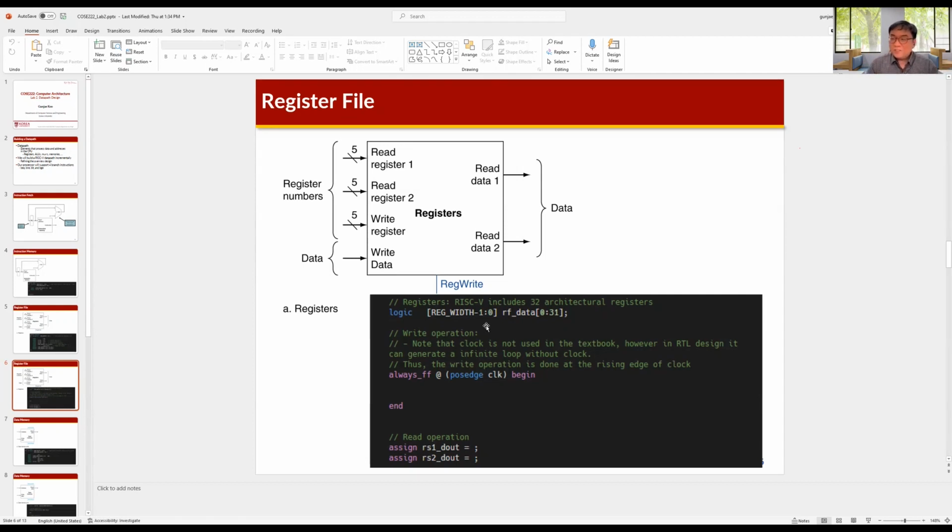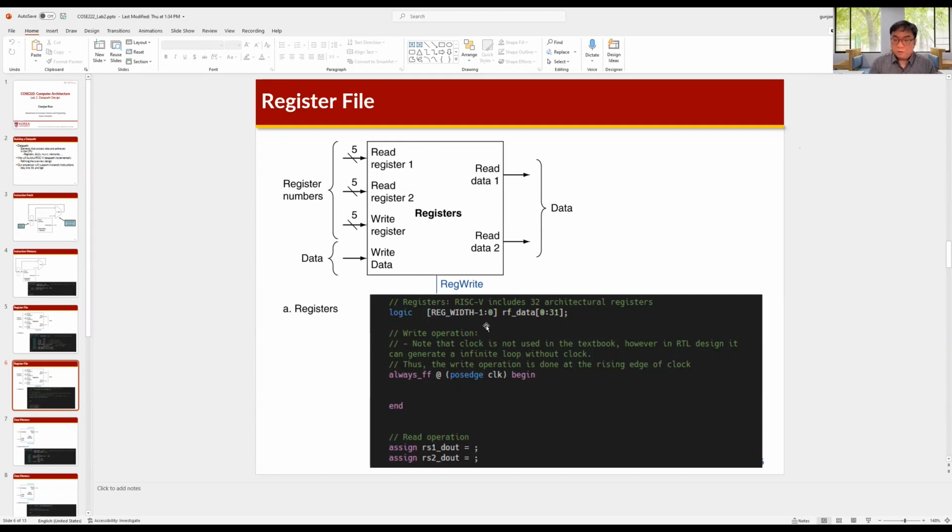But if you read the lab assignment document, you can find why our design requires a clock signal input. It is because this register file supports internal forwarding.